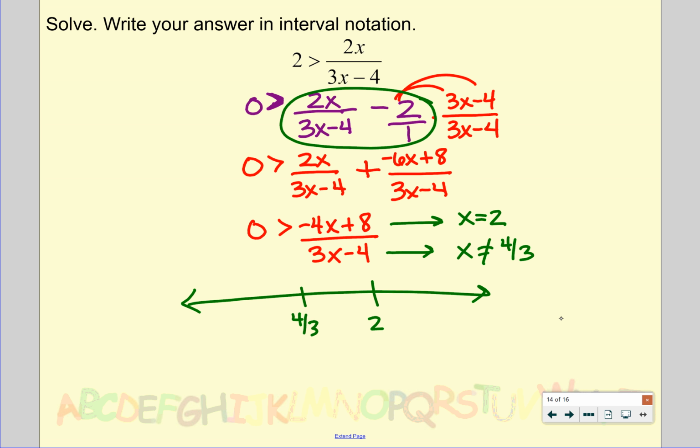All the numbers smaller than 4/3, like 0. Is it a positive or a negative? In this first interval, are your y's positive or negative in your table? Thank you.